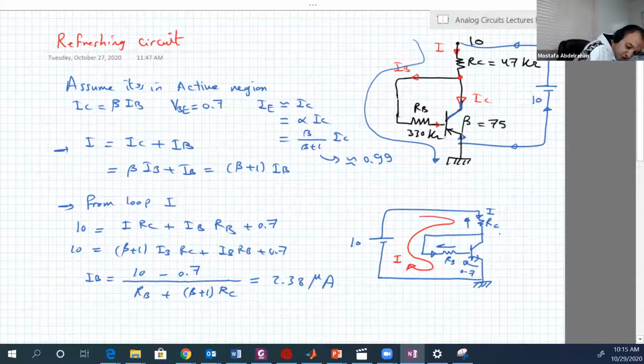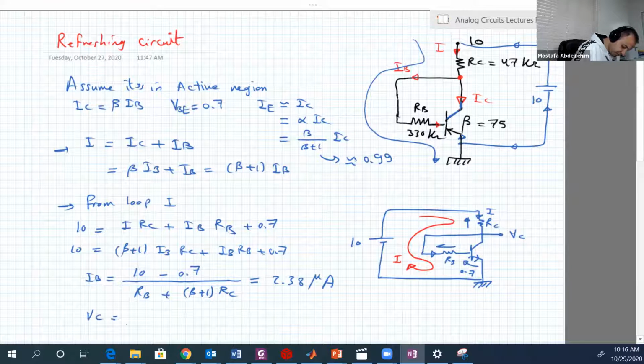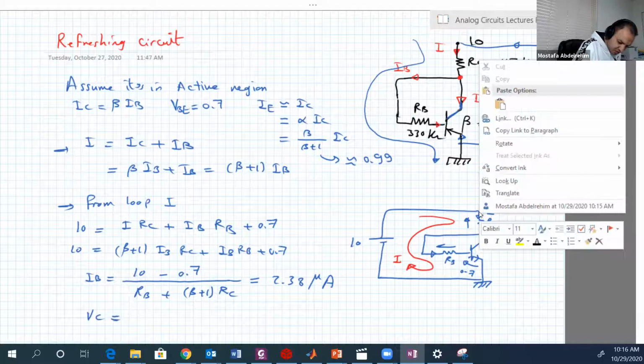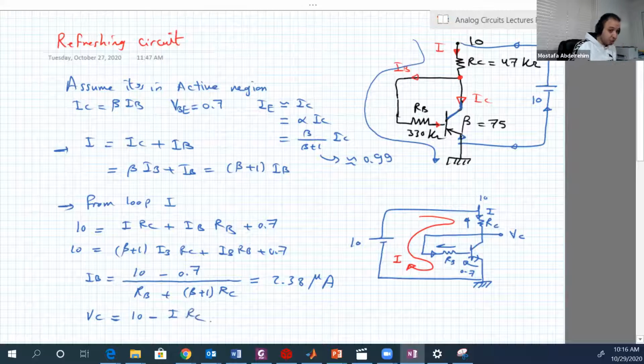Then we need to check that we are really working in the active region. So we must check the VBC voltage. First, VC is equal to, remember this, this node is 10 volt. So VC is equal to 10 minus I RC, not IC RC.